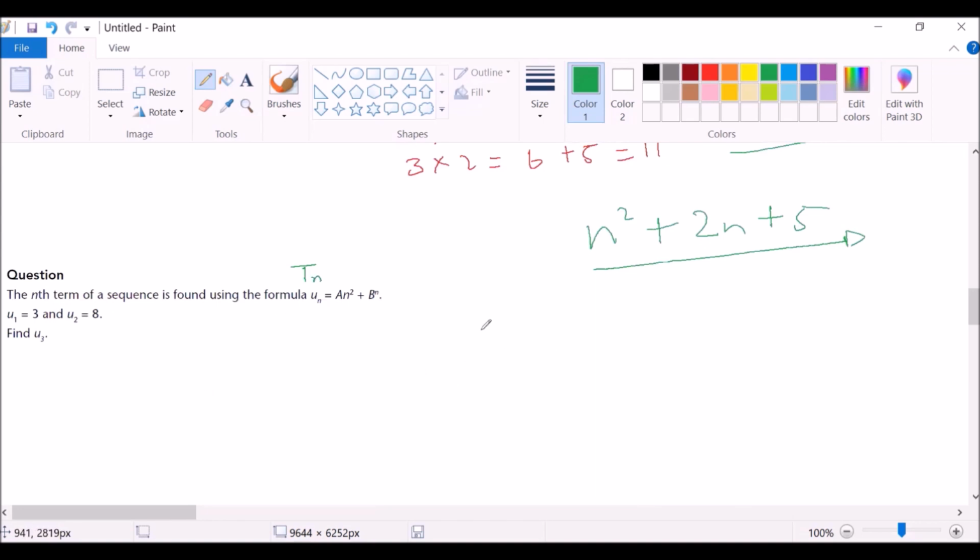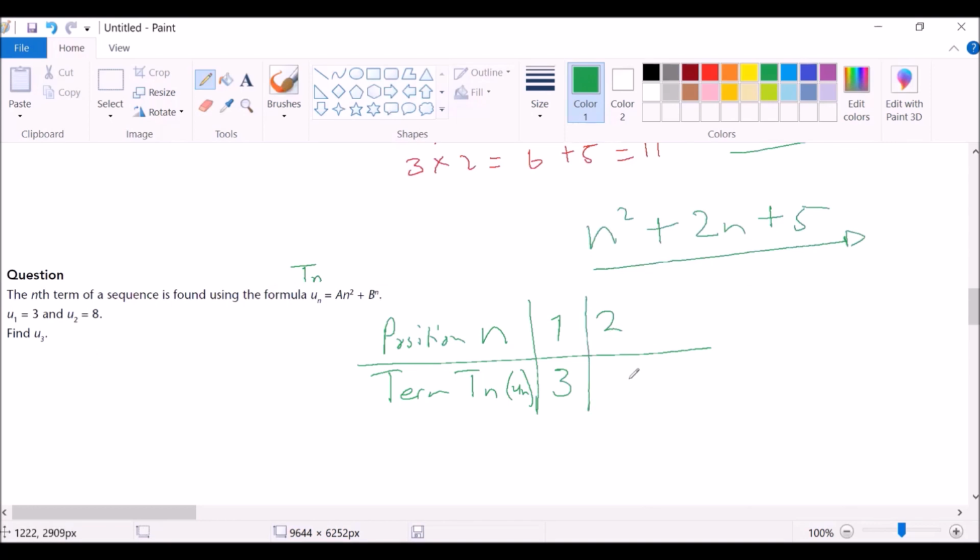We are just saying n, our position, and our term, un. On position 1, u1 is equal to 3. On position 2, u2 is equal to 8. So we are asked to find u3.